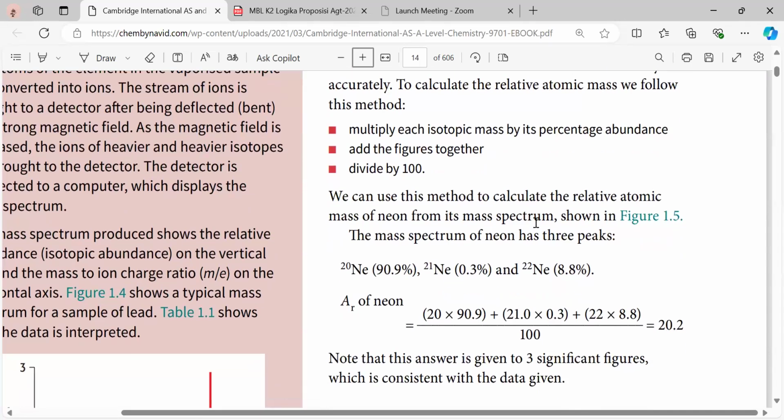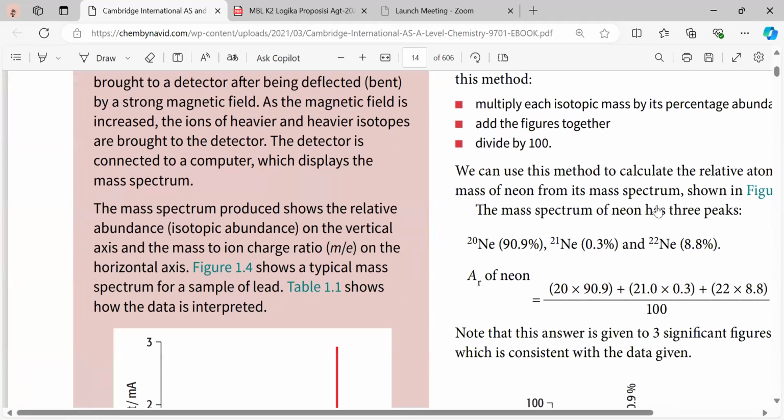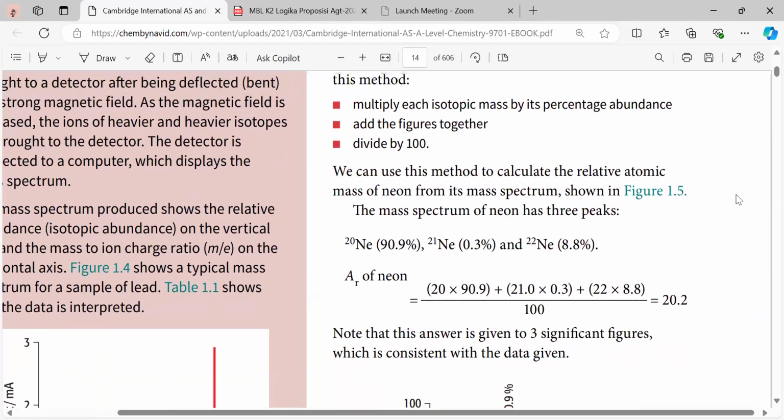We can use this method to calculate the relative atomic mass of neon from its mass spectrum. As shown in figure 1.5, the mass spectrum of neon has 3 peaks. There are different kinds of neon, as you can see: 20, 21, 22.